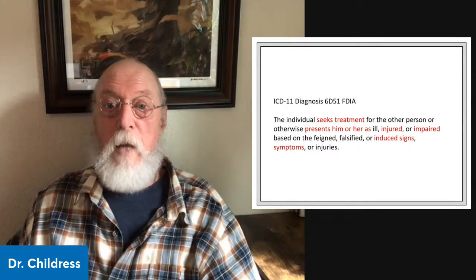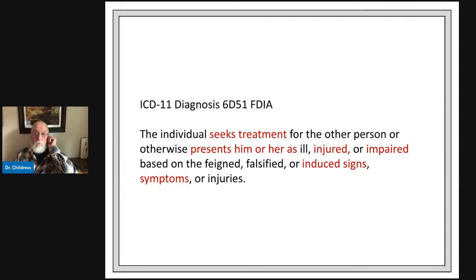Now, the second part of the ICD-11 criteria: the individual seeks treatment for the other person or otherwise presents him or her as ill, injured, or impaired based on the feigned, falsified, or induced signs, symptoms, or injuries.